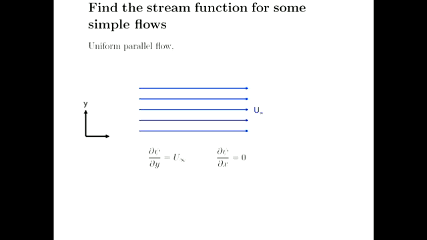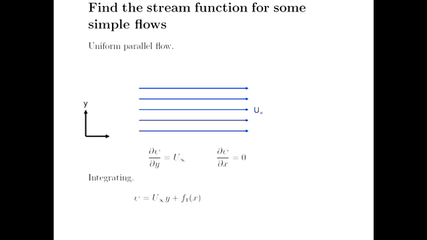I've got two partial differential equations for the stream function. What I'm going to do is integrate those two equations. If I integrate the first equation, d psi dy is equal to U infinity, so psi is equal to U infinity y plus some possible function of x, which I don't know at the moment.